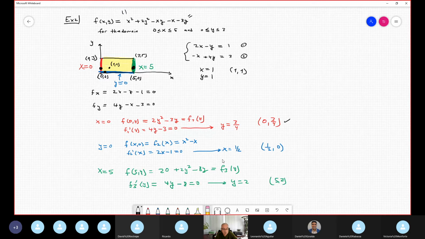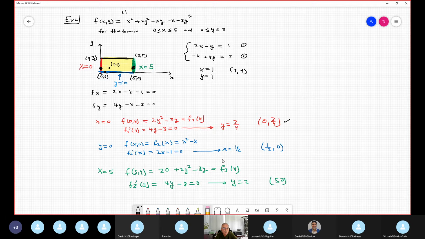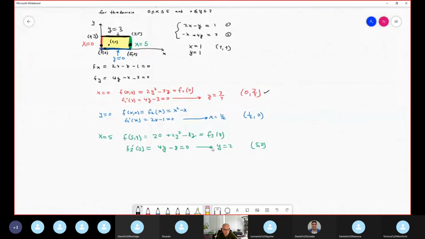And definitely the last is we navigate for this. This is y equal 3. You know, okay, this is too long, but no big deal. Suppose y is 3, and you plug into the function y equal 3.